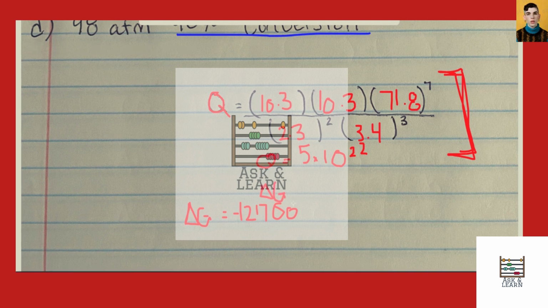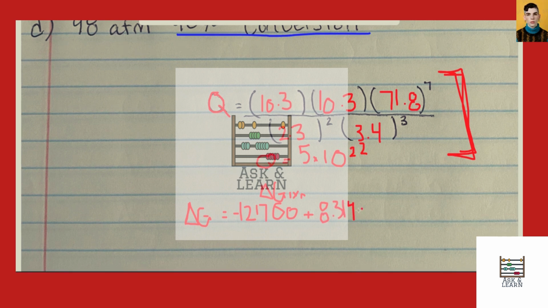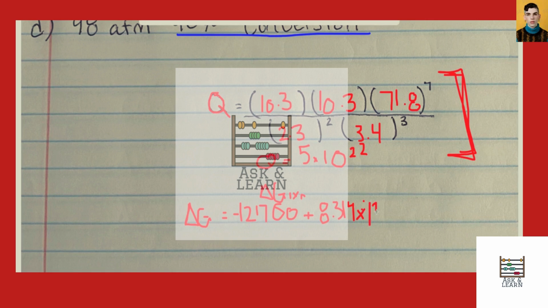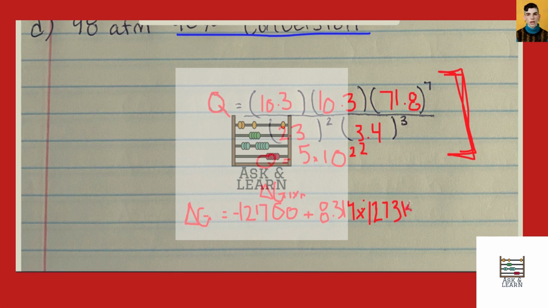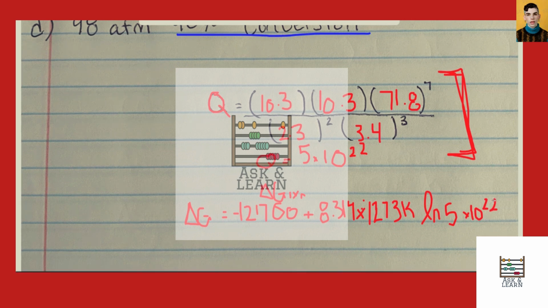And then that is going to be plus our R constant, 8.314, times our temperature, 1,273 Kelvin, and then times the natural log of our reaction quotient, which again is 5 times 10 to the 22nd.